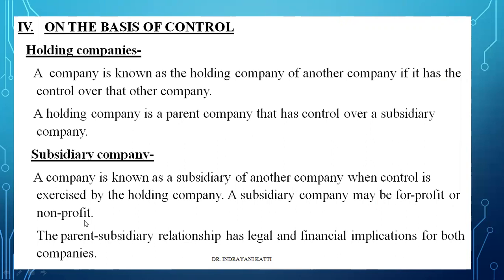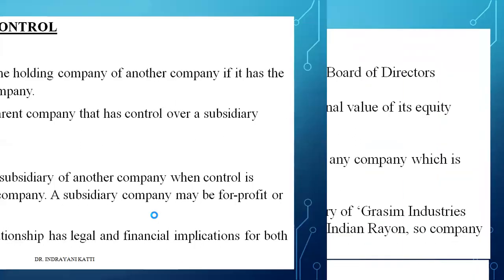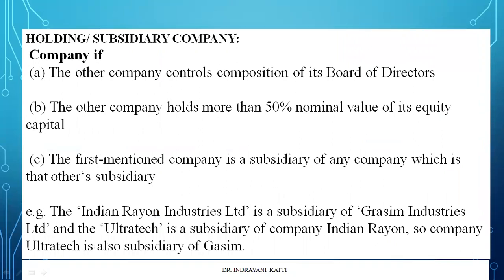It means it may be a profit organization, or it may be rendering services, having a service motto. Okay, a parent subsidiary relationship has legal and financial implications for both the companies. There will be legal benefits and financial implications for both the companies, that is for the holding company as well as for the subsidiary company. Let's take an example here, holding or subsidiary company.